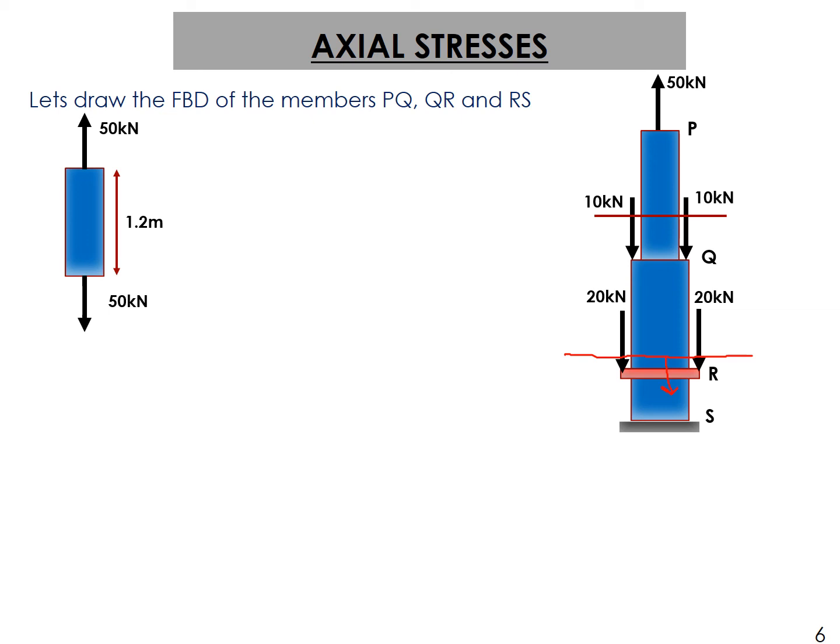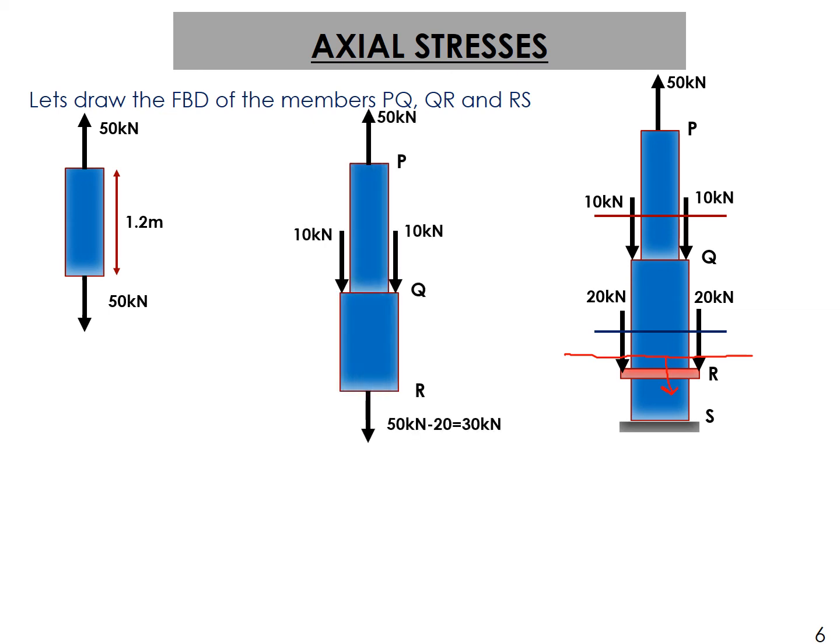Start from one end and keep proceeding till you reach the farthest end. This is the free body diagram. Don't forget, we are concerned about member QR with a uniform cross section, but to find the net load acting on this member, we have to consider all the loadings, because all the loadings are affecting this member also.